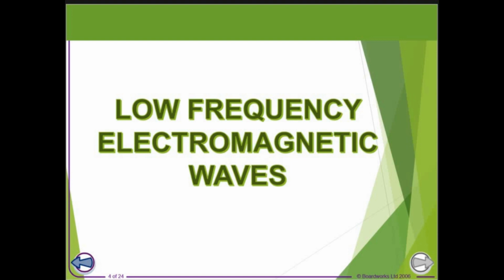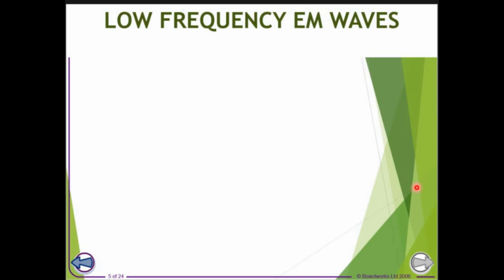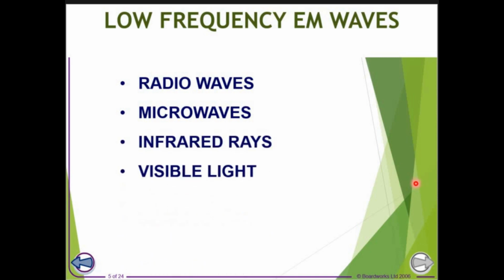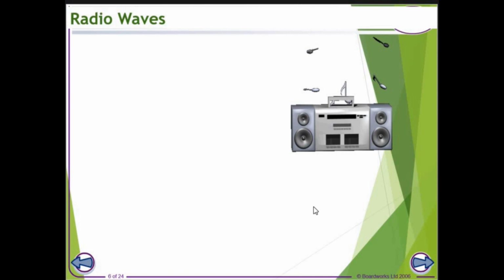Now, let us identify the low-frequency electromagnetic waves. When we say low-frequency electromagnetic waves, this refers to the following: the radio waves, the microwaves, the infrared, and the visible light. Now, let's try to talk about the radio waves.